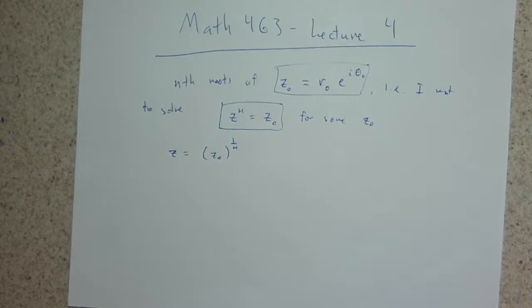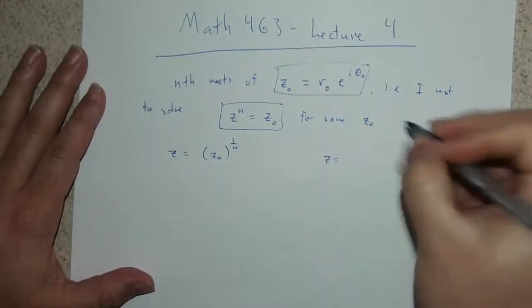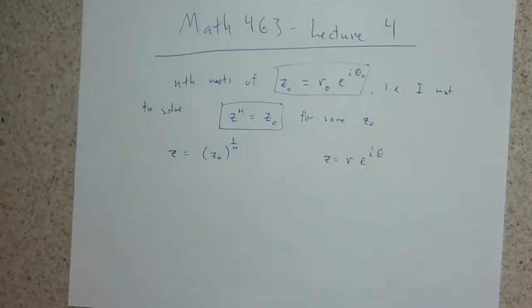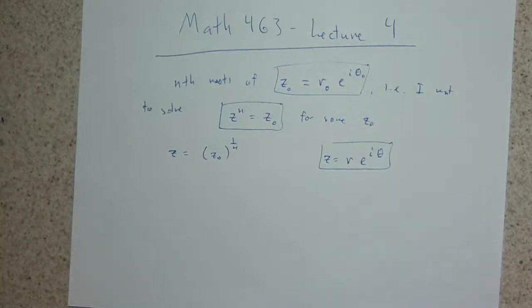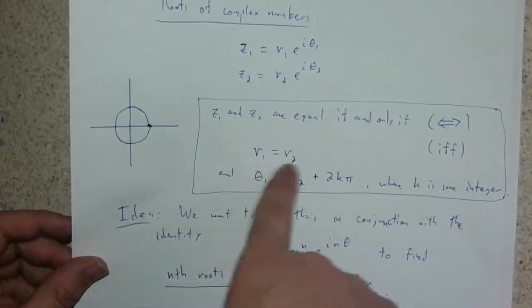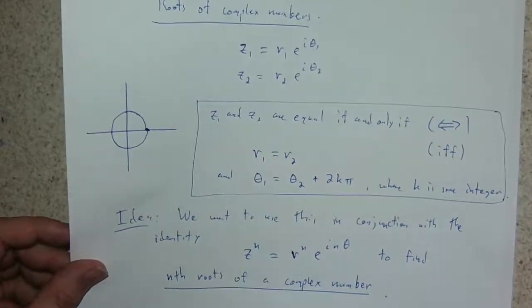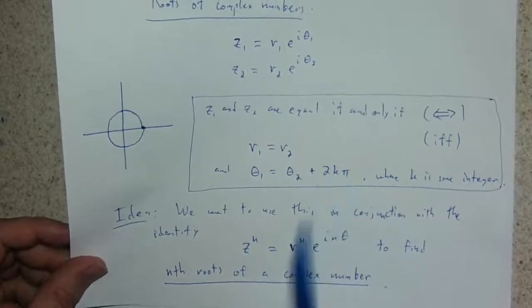How do I go about doing this? If I write z in its exponential form, r e to the i theta, I want to use the fact that I know how to exponentiate, and the fact that two complex numbers are equal if and only if the radii match up and their arguments differ by an integer multiple of 2 pi.